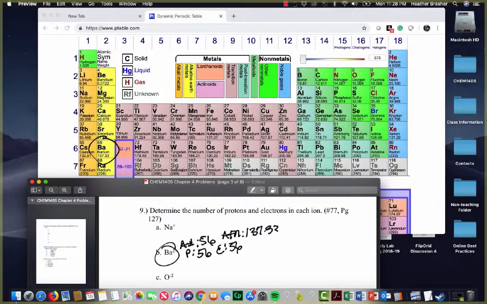But what do we know? He is +2. So basically, we are not going to change our protons, right? We are going to have to lose 2 negatives, right? So basically, we have 56 protons plus, we take 56 and we minus 2, we have 54 electrons, which equals +2 charge.